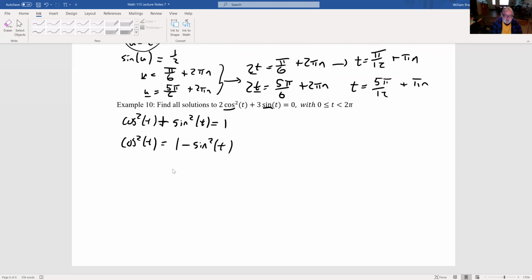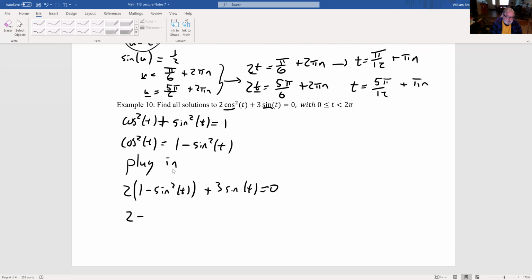And that tells me then that if we plug that back into the equation, we get 2 times 1 minus sine squared t plus 3 times sine t equals 0.